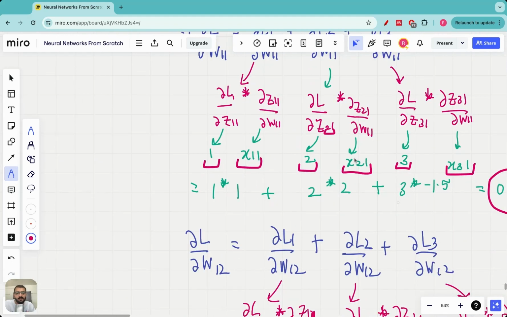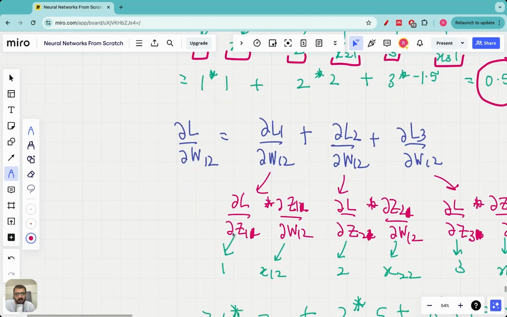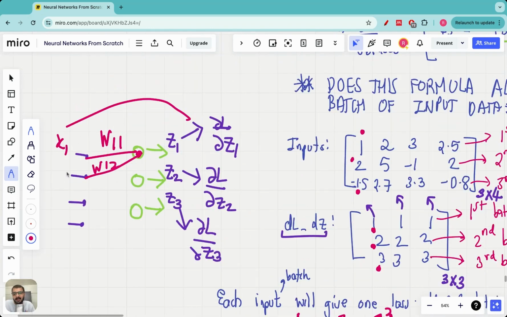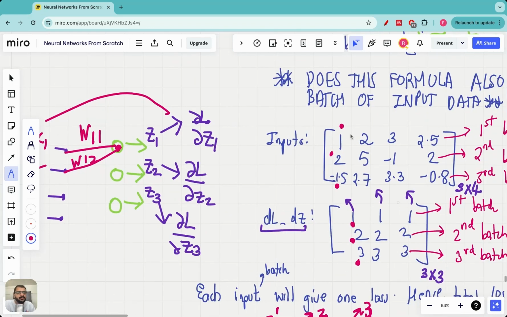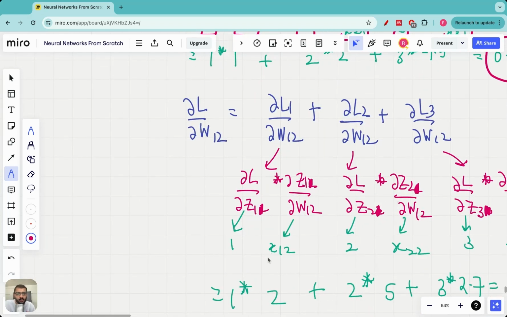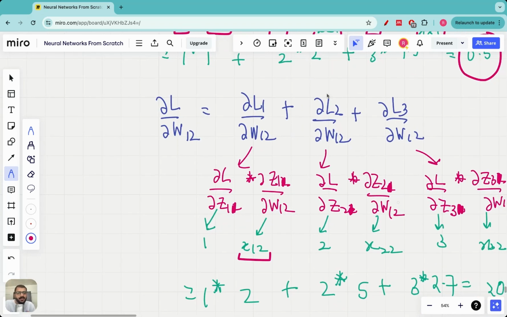So we'll be taking the first row and first column from this DL DZ matrix. That way this will be 1 multiplied by the partial derivative of Z11 with W12. Here we take the second input from the first batch, so it is the first row and second column from the input matrix, which is x12. Similarly, the partial derivative of the second loss with respect to W12 is the partial derivative of the second loss with respect to Z21 multiplied by the partial derivative of Z21 with W12.